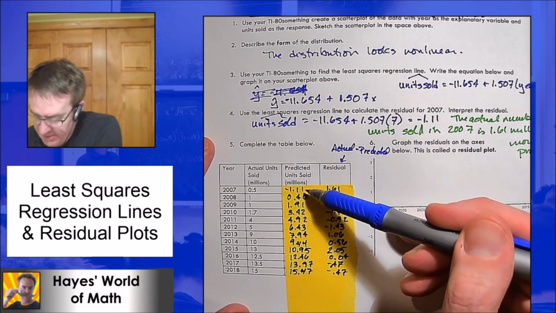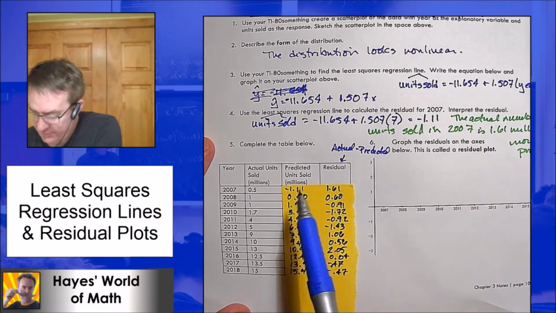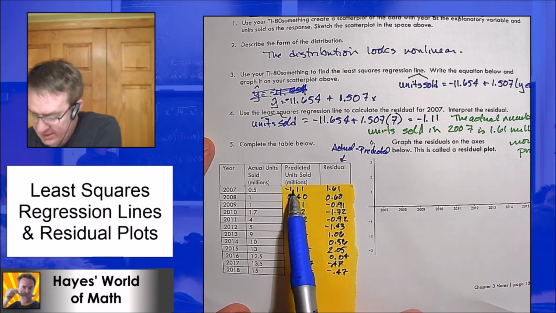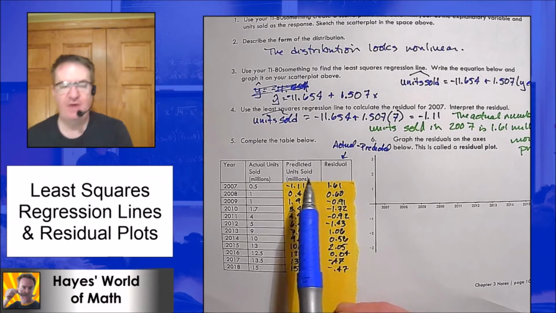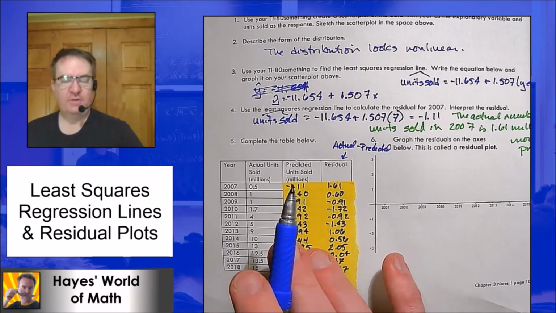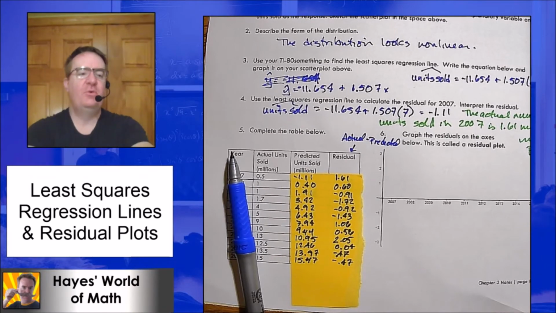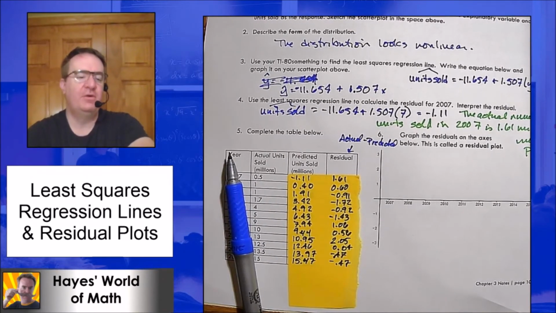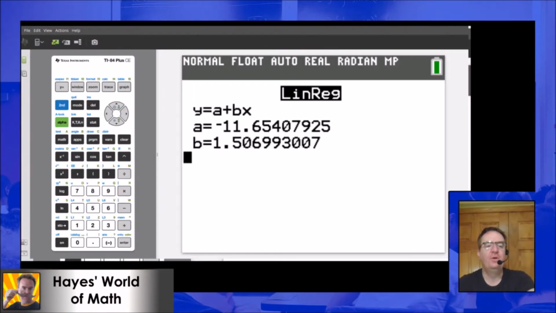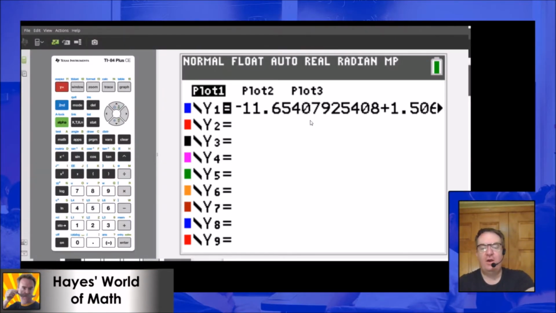And so then I got boom, boom, boom, boom. And then for the residual, remember we're doing actual minus the predicted to figure out what the residual is. Now, I know I'm throwing a lot of calculator stuff at you. Check this one out. If you go to y equals, let me get the right screen up for y'all. There you go. So we've got our least squares regression line right there.